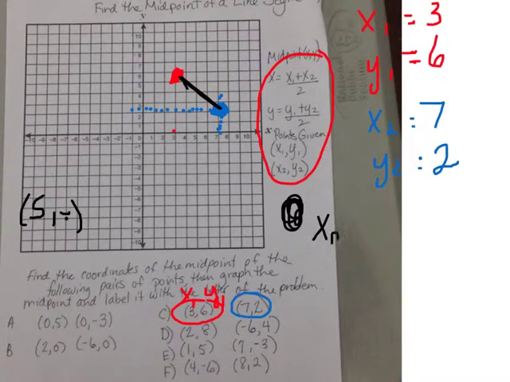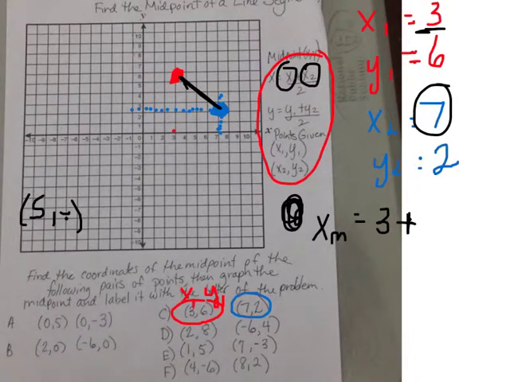I'm going to put x of the midpoint. I'm going to put a little m here just to remind you we're finding the x of the midpoint. And it tells me that I'm supposed to take x1, and I had written that down. That's 3, isn't it? And I'm supposed to take x2 and add it to the x1. Well, x2 was 7. I wrote it over here. I could have labeled it over here too, x2, y2.